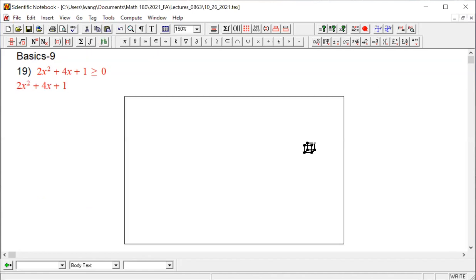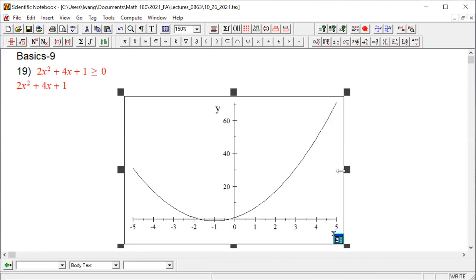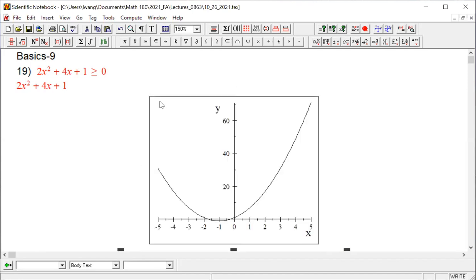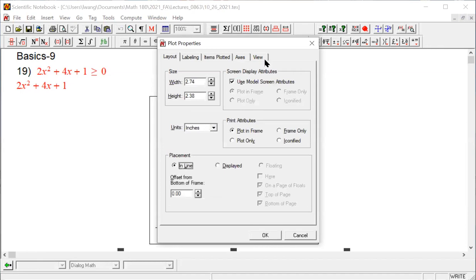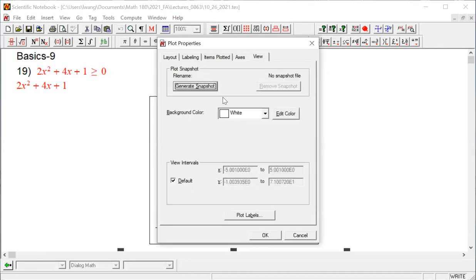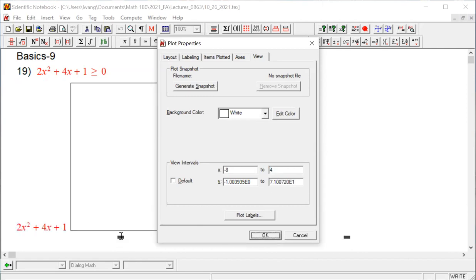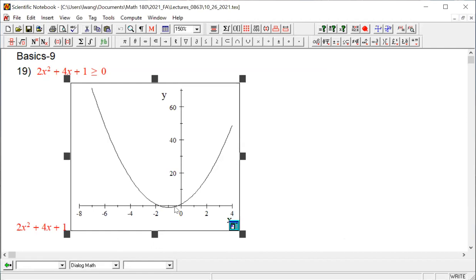And here's the graph. It's hard to identify the point of crossing, isn't it? It's very difficult to identify the point of crossing.